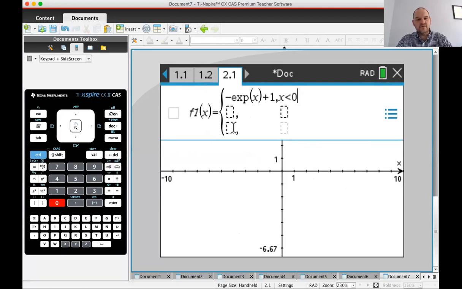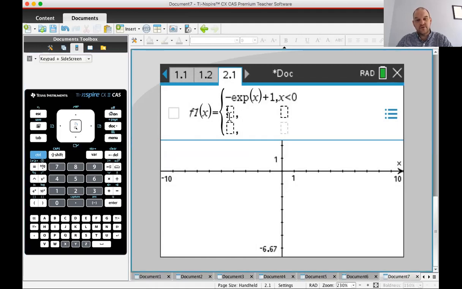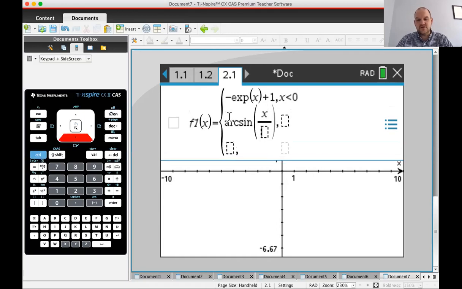For less than, there's a control-equals menu, but I will just be typing them because it's so much faster. But control equals will take you to that, and you should know that. Then arcsine, so I'm typing arcsine, but it's the same as using sine inverse, when 0 is less than or equal to x, less than or equal to 2.